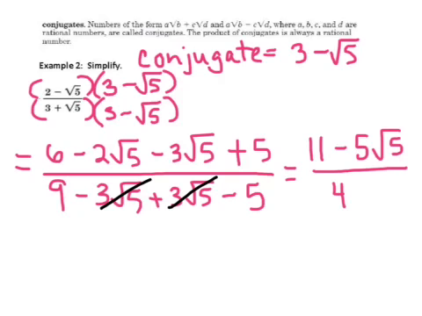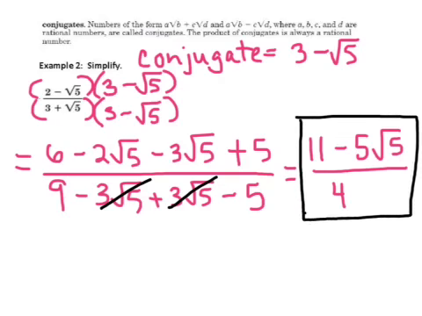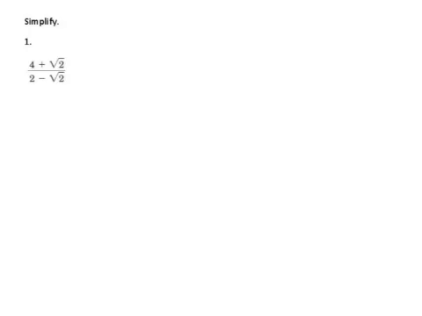So we've now illustrated an example where we can rationalize the denominator by multiplying the numerator and the denominator by the conjugate. Let's try this concept of rationalizing the denominator by multiplying the numerator and the denominator by the conjugate. We'll do this to reinforce our concepts.